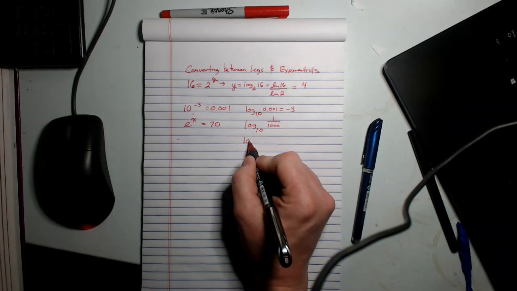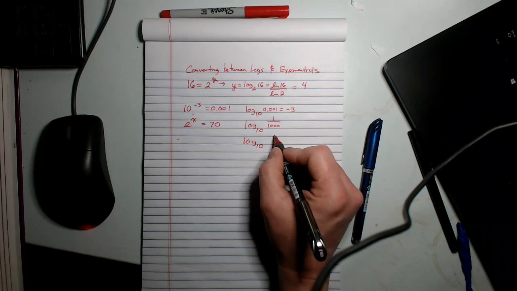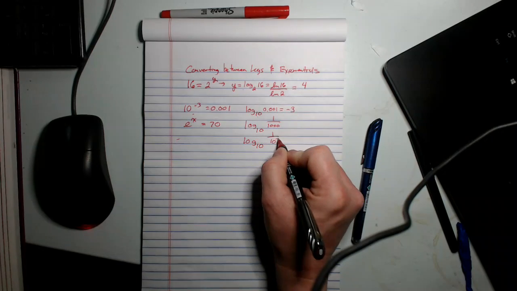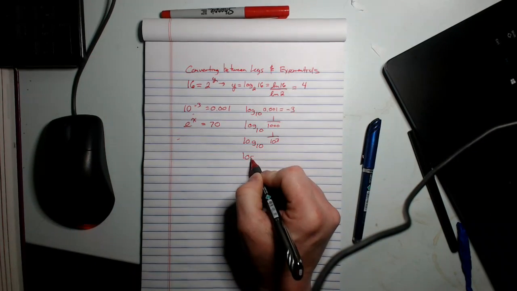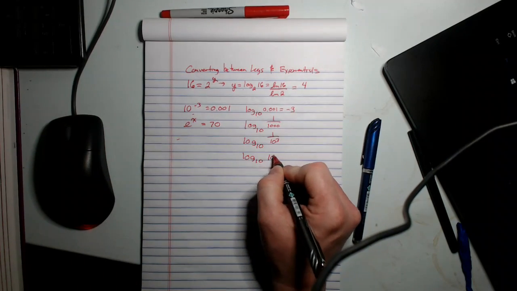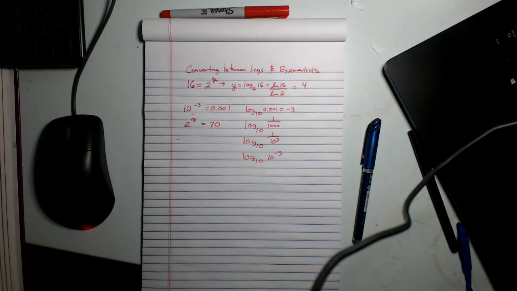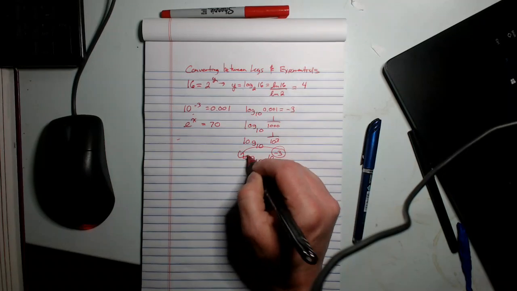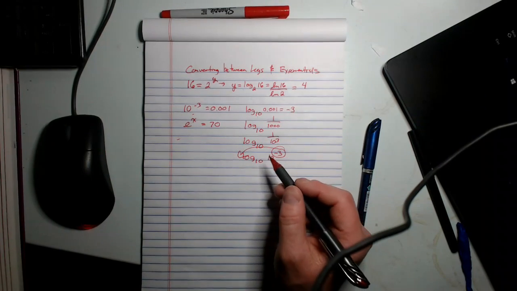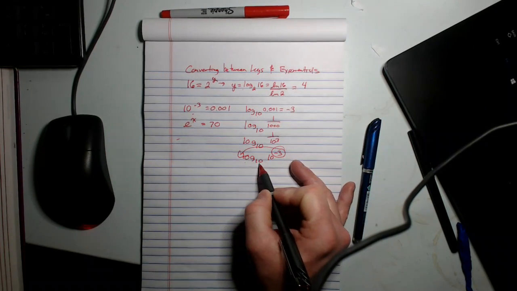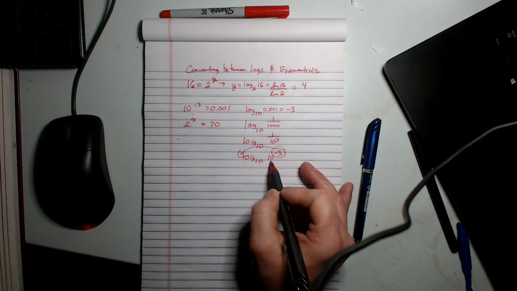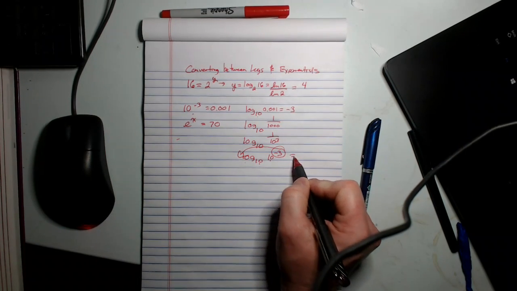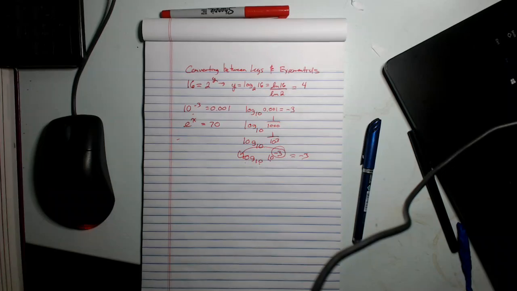So this is actually log base 10 of 1 over 10 to the third, which is log base 10 of 10 to the minus 3. And we're going to learn a property in the next section where we can bring this down front here. But we can also think about it as what power of 10 gives us 10 to the minus 3. And that's going to be minus 3.